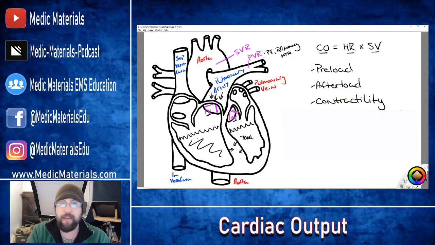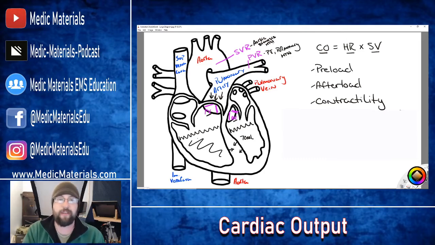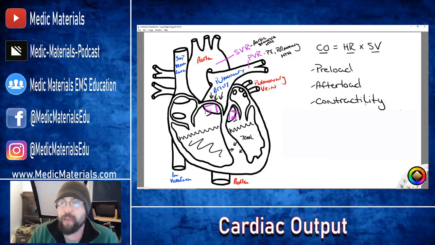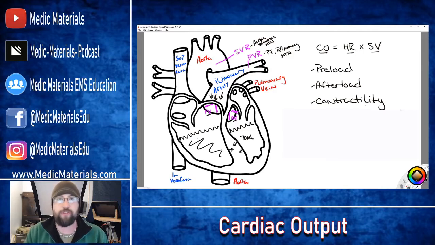Things in systemic vascular resistance like aortic stenosis, or hypertension, are going to be pushing down on that aortic valve. So again, we have to create more pressure from the ventricles to even be able to open these up. That's the afterload. And contractility is just how ready and how strong these ventricles are at that point in time. Are they able to actually contract and squeeze blood out?